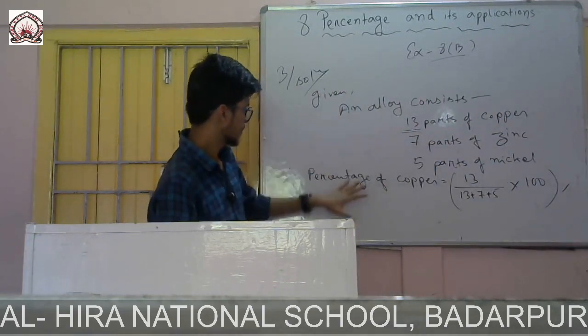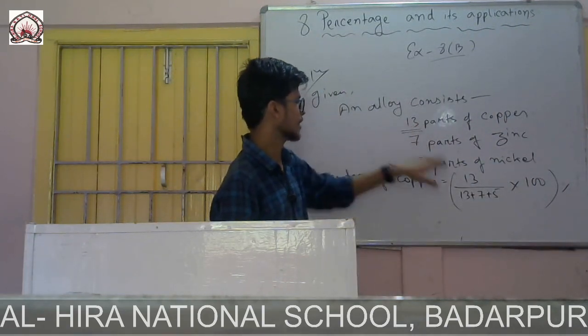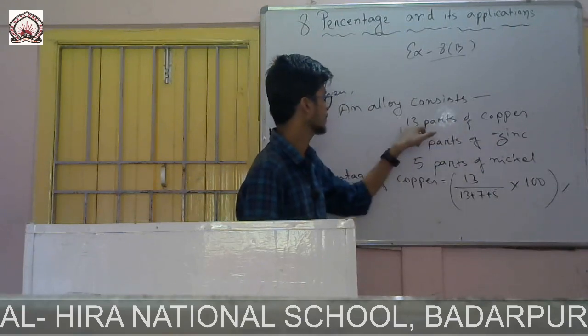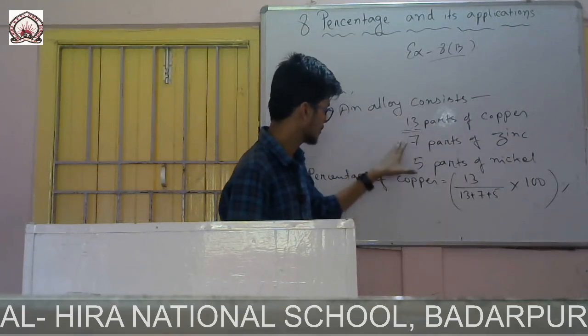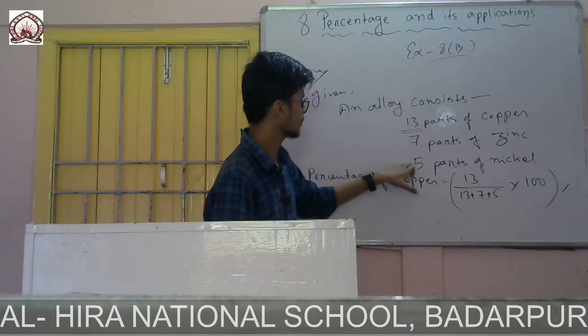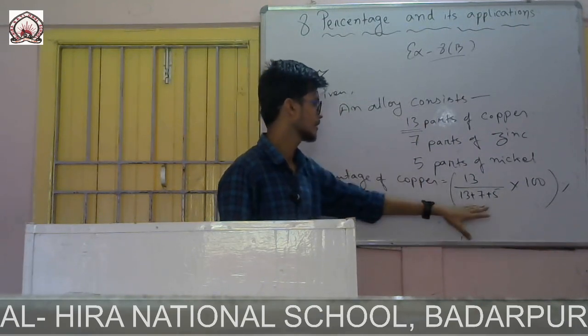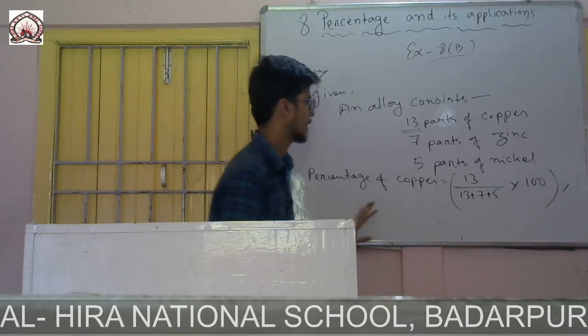I will write the percentage of copper. So I will write what part of it is copper. It is 13. And then I will simply do the sum of these three. I need the total. So I will write it and into 100.